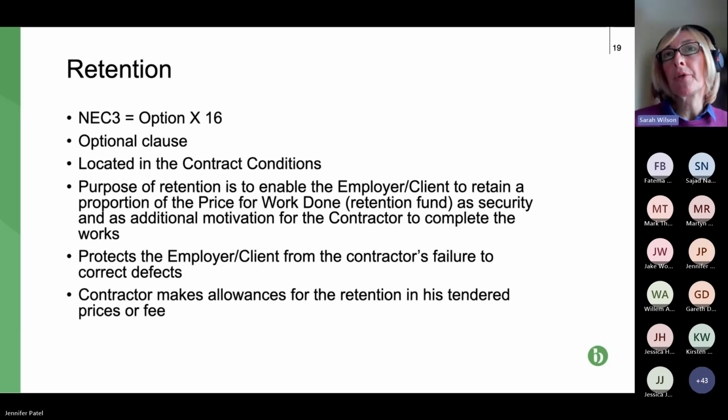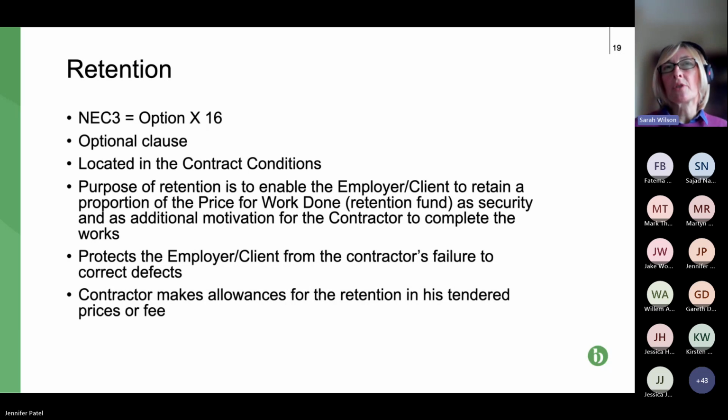At completion of the works, half of that retention is then paid, which is why there's always a driver for contractors and subcontractors to get to completion. And then the balance, so the remaining 50% of the retention, is usually payable at the end of the defects period, which in my experience is when contractors, subcontractors quite often experience difficulty in getting that money paid, particularly subcontractors.